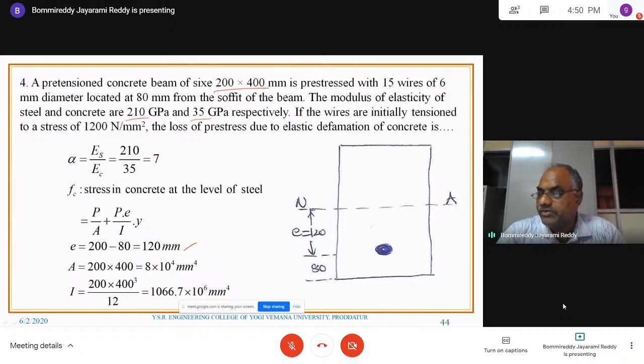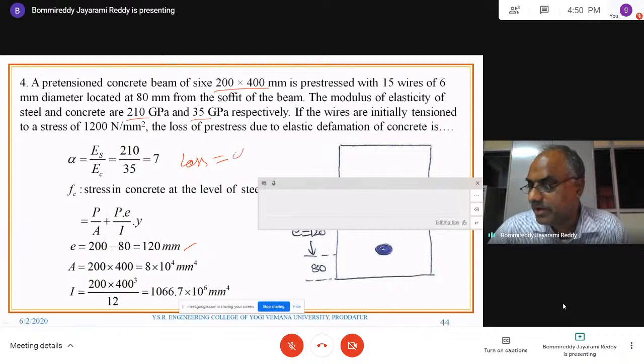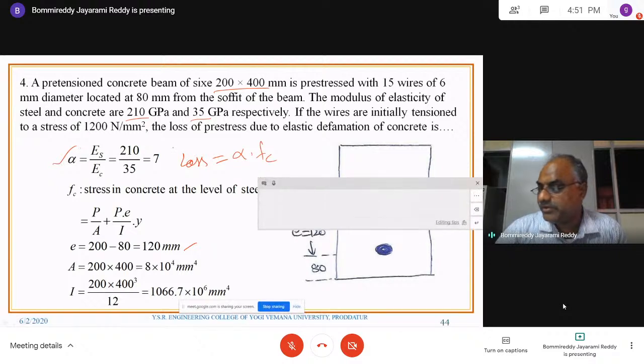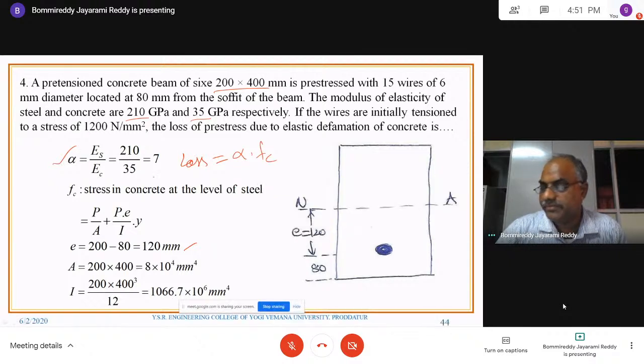If the wires are initially tensioned to 1200 Newton per mm square, the loss of pre-stress due to elastic deformation of concrete, what is the loss? Loss will be equal to alpha multiplied by Fc. If you understood this relation, then go for finding the alpha. Alpha is Es by Ec, which is 7.